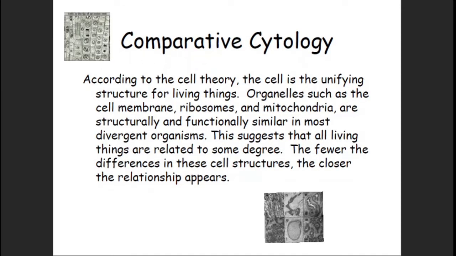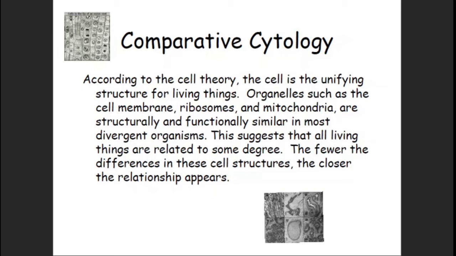Next is comparative cytology, similar cell structure. According to the cell theory, the cell is the unifying structure of all living things. Organelles such as the cell membrane, ribosomes, and mitochondria are structurally and functionally similar in most divergent types of organisms.